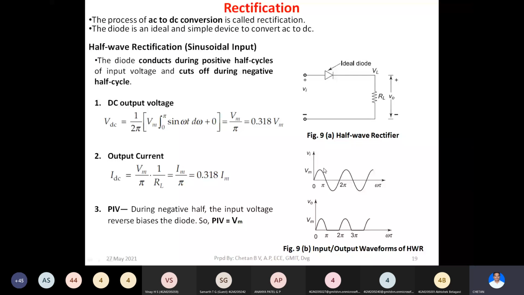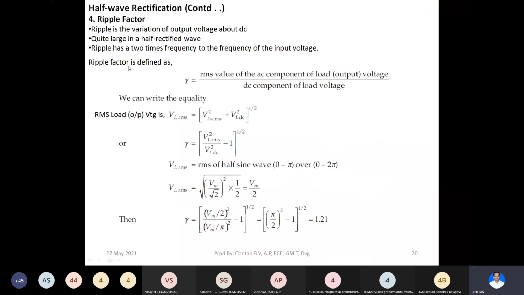The gamma is a ratio of two parameters: the RMS value of the AC component of load voltage divided by the DC component of load voltage. That is the ripple factor gamma.